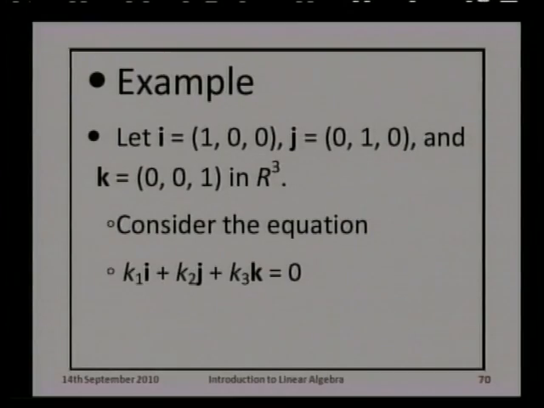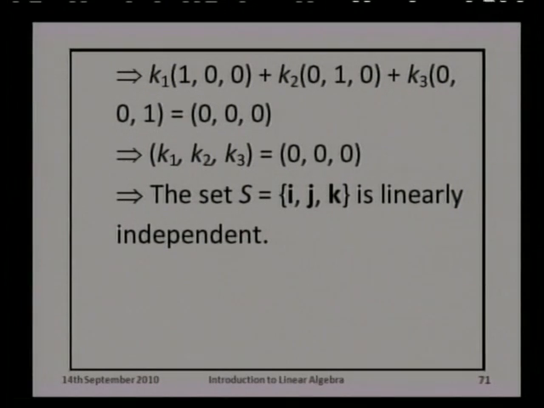You will get k1 as 0, k2 as 0 and k3 as 0. There is no other solution for which this equation will be satisfied, and therefore this set S consisting of i, j, k is linearly independent.